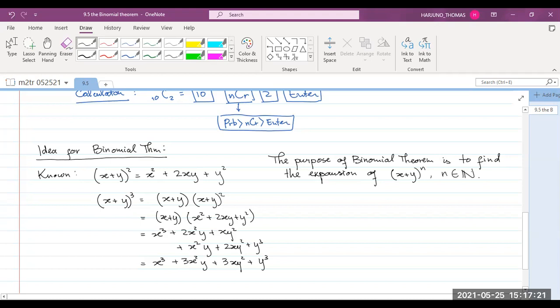This section, the binomial theorem, is sometimes also named the binomial expansion. Not exponential, expansion. You expand it, the root word to expand, to spread it, to multiply it out. That is expansion.